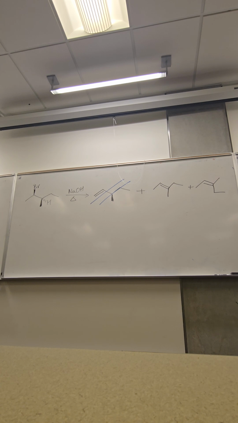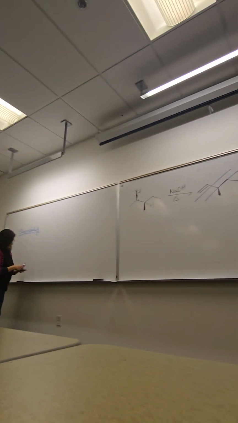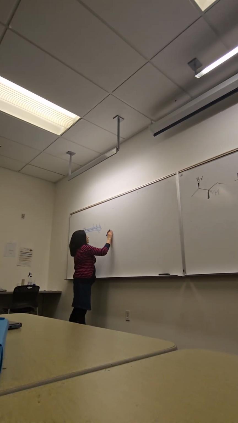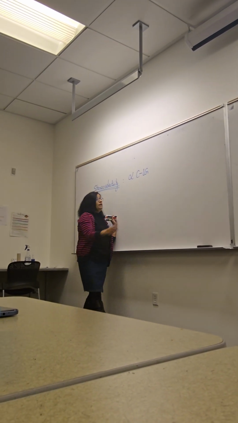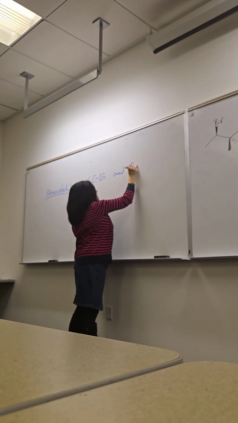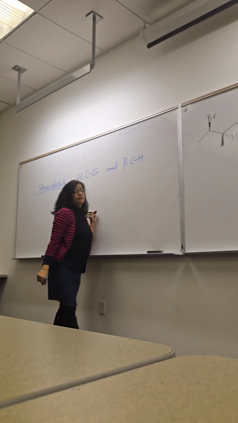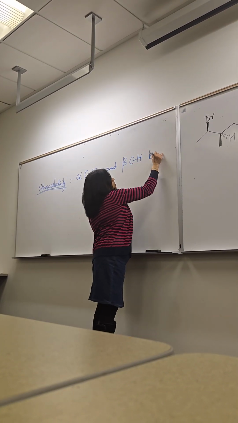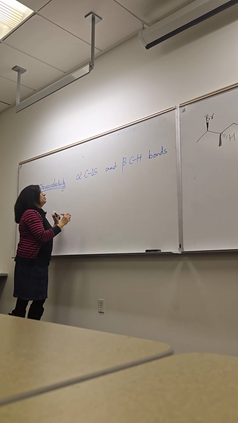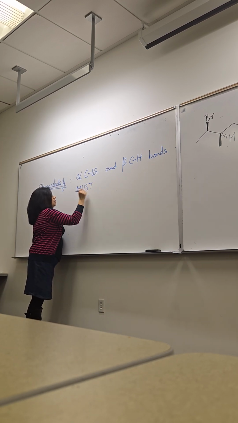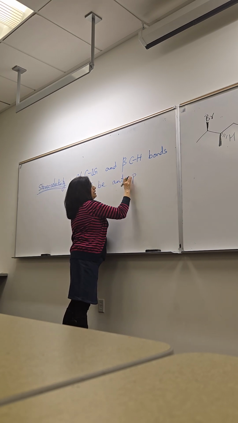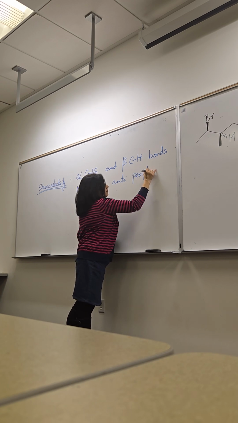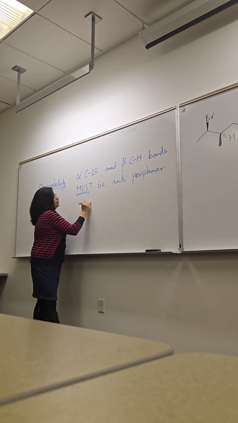So what is the stereochemical selectivity for E2 reactions? Here's the rule for E2, and then we'll elaborate. In E2, the alpha carbon leaving group bond and the beta carbon hydrogen bond must be anti-periplanar with respect to each other.